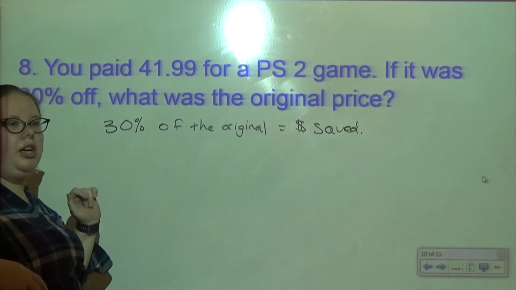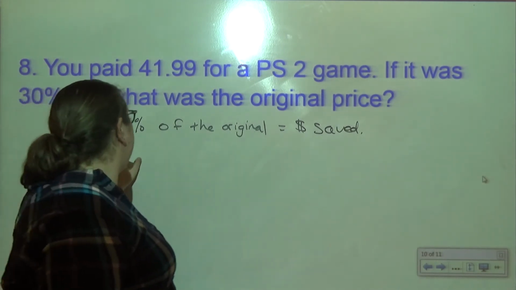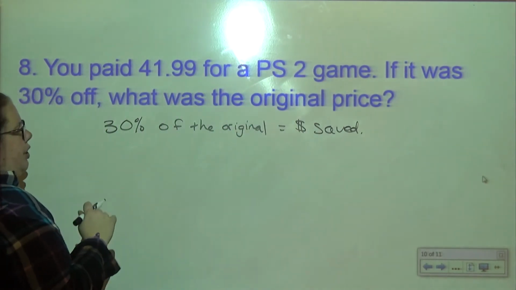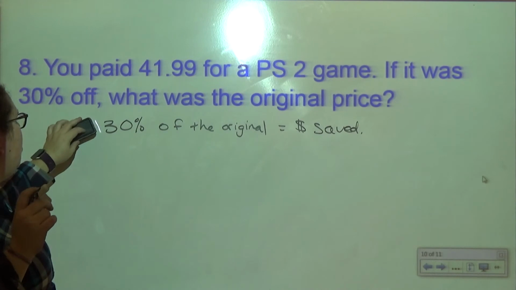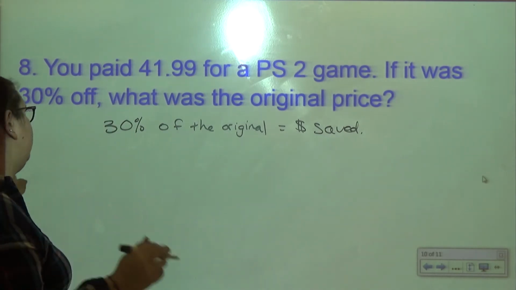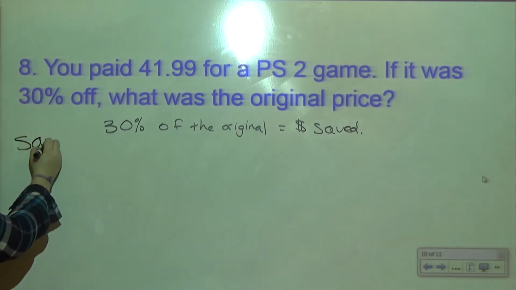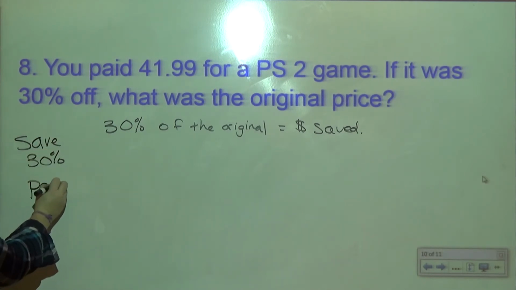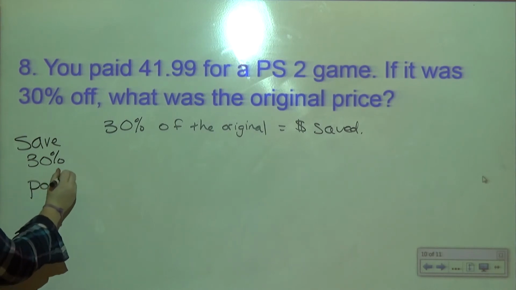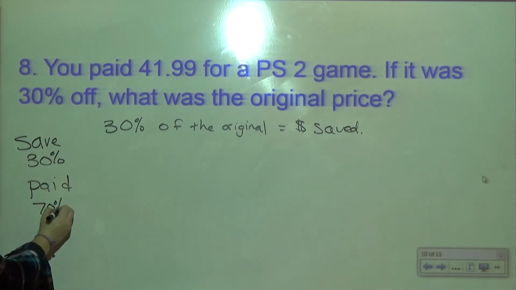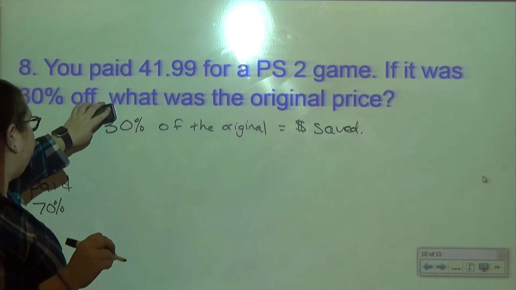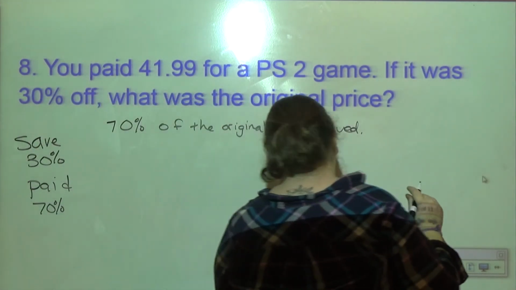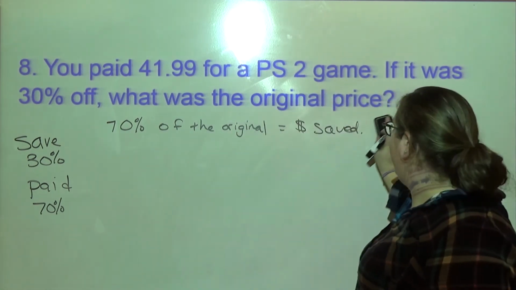So here's an easier way to think about it. Instead of using 30%, 30% of the original is the amount saved. So what percent did we pay? If we save 30%, then we paid 70%. So 70% of the original is what we pay for.